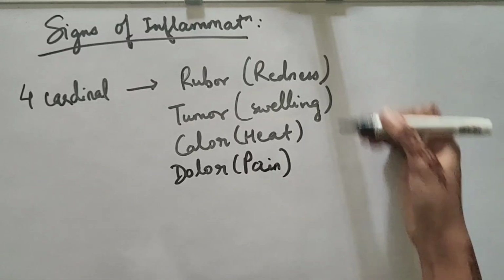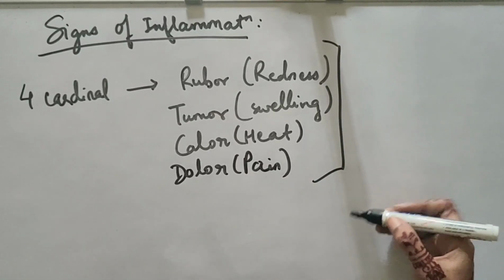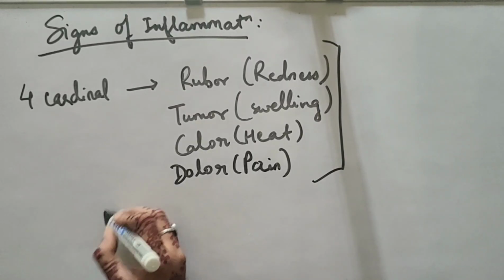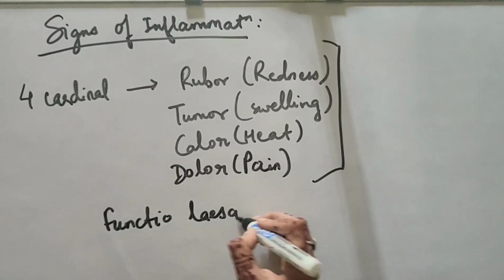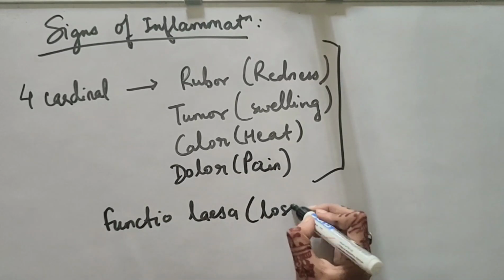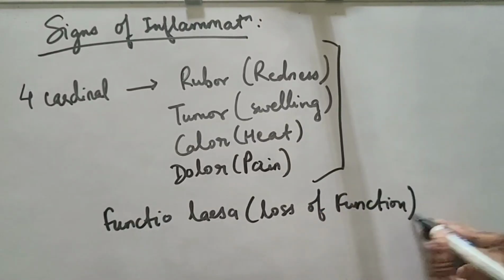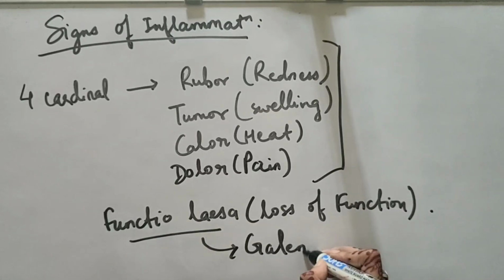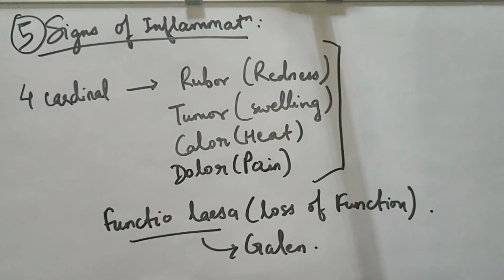Earlier we had only these 4 cardinal signs of inflammation, but then a 5th sign of inflammation was added, which was called as functio laesa, which meant loss of function, and it was later added by Galen. Okay, so now we have 5 signs of inflammation.